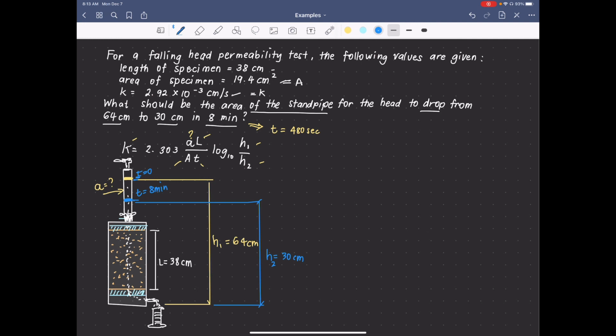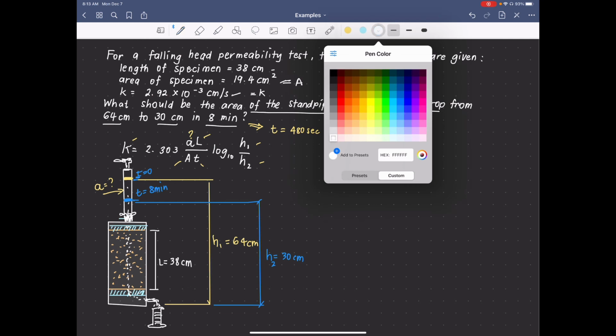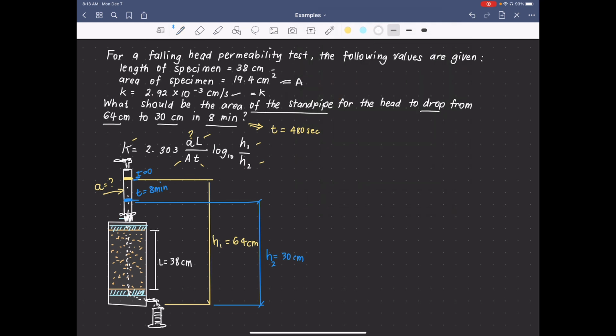Our K is known to be 2.92 raised to negative 3. This is cm per second.